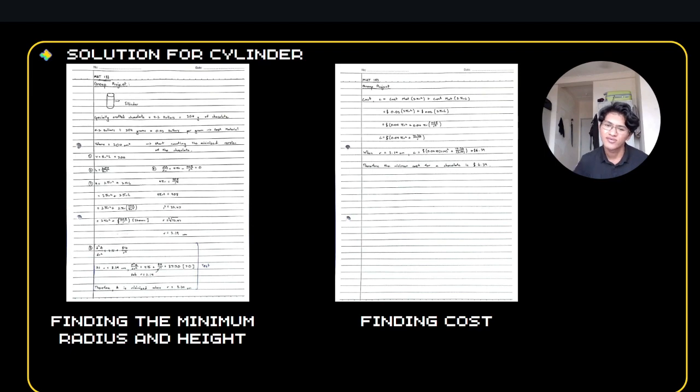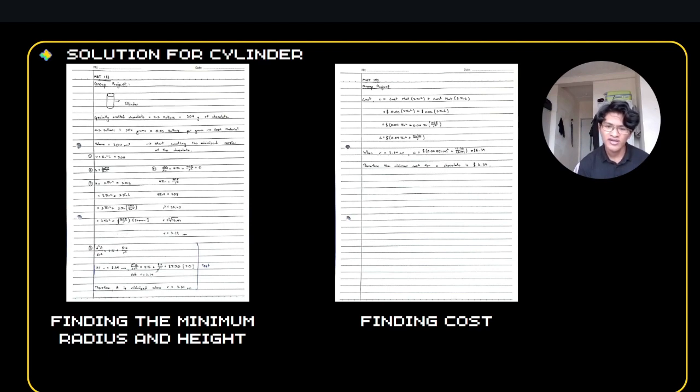On to the cost of the chocolate, cost C equals cost of material times 2 pi r square plus cost of material times 2 pi r h. The final one will be 0.04 open bracket pi r square plus 16.32 over r close bracket.